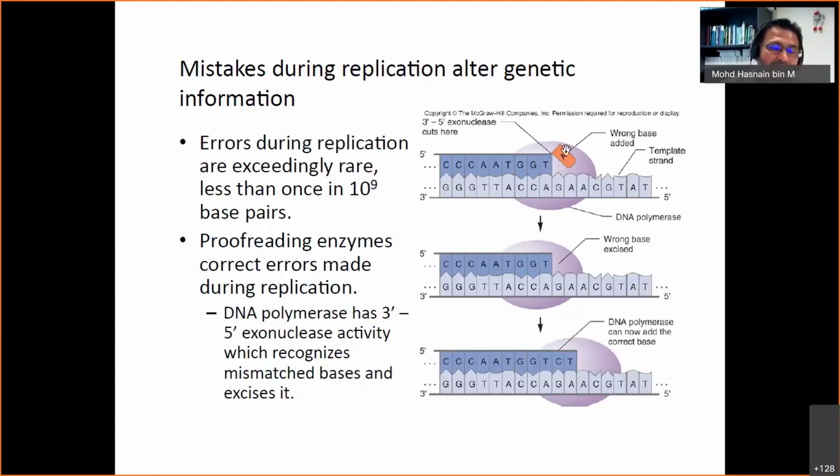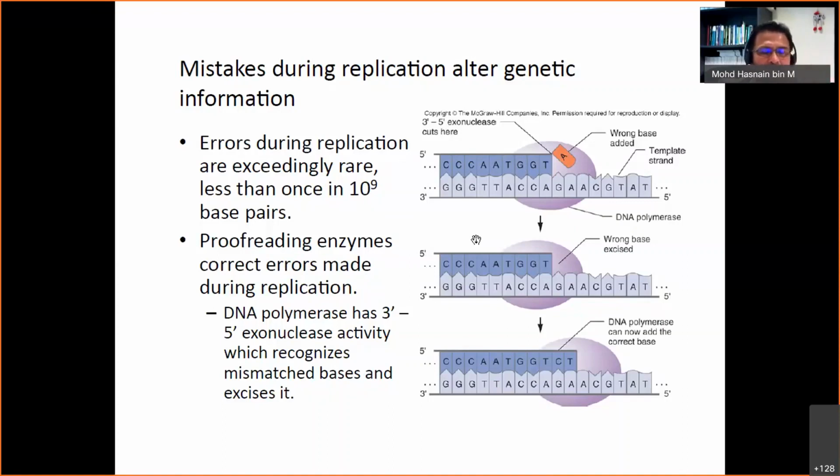But if there is another enzyme which can bind, and then it can chew or cut the region over here and move backwards, then you can have a 3', 5' endonuclease. Okay, but if there's another enzyme that comes in the middle, removes this and moves forward, then you have a 5', 3' endonuclease. That is how different proofreading enzymes work.